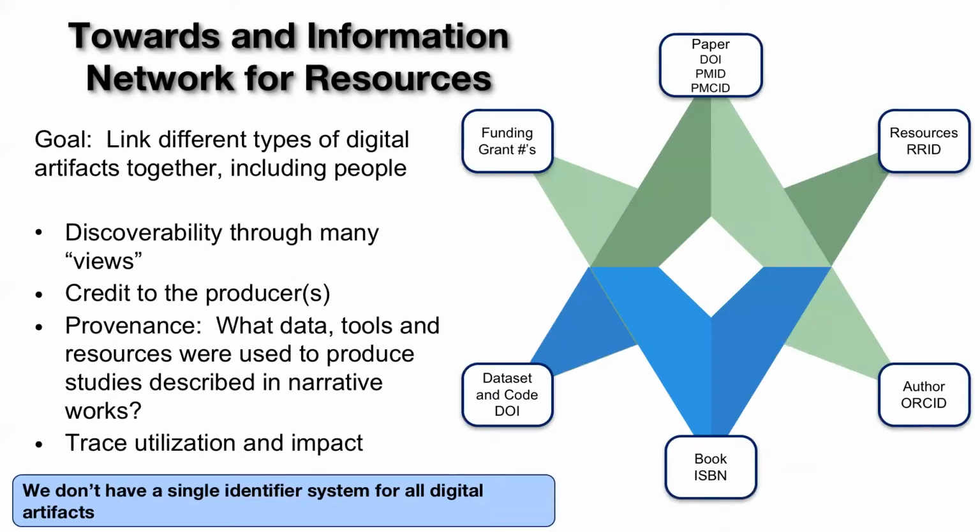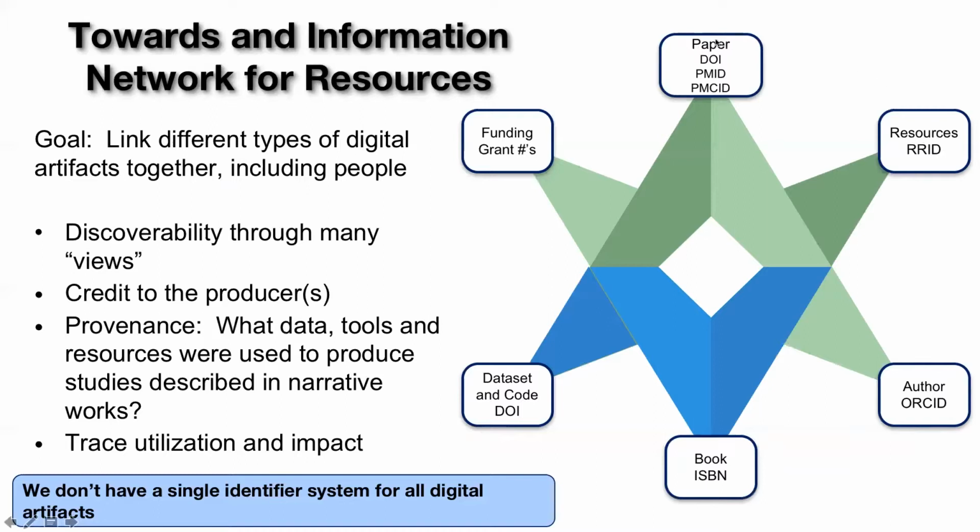So when one looks at an information network for resources, there's a whole collection of information that we're pulling about these resources. If it's a data set, there's a specific place where one gets that, there's a DOI, an identifier potentially for the data set. Resources themselves, how do we identify resources? Resources have information.